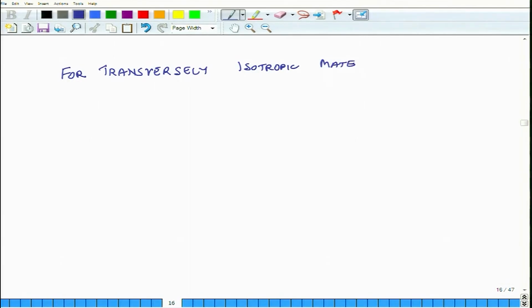Actually it is 5, I counted wrong, 5 constants. For orthotropic in 3D it is 9, transversely isotropic 5 constants. And this is in the 2-3 plane.